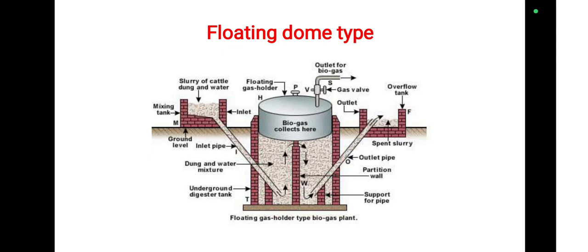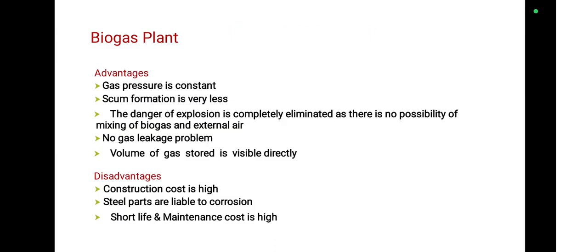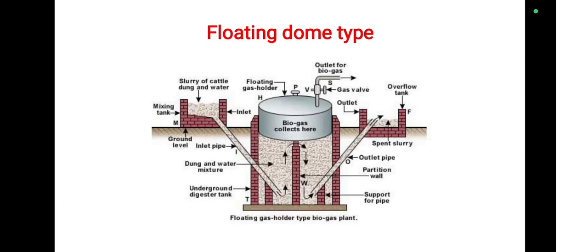After passing the slurry into the chamber, we keep that slurry for 30 to 45 days in the absence of oxygen. So the biogas is formed. The biogas is collected through the gas chamber.